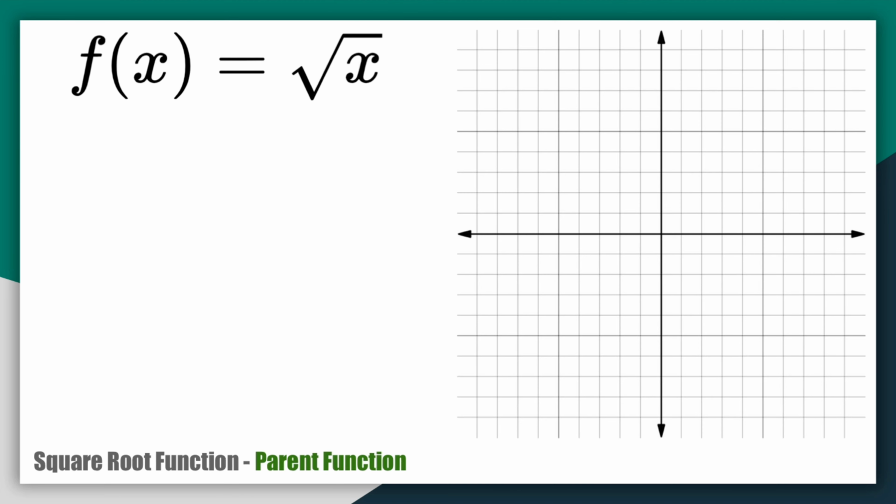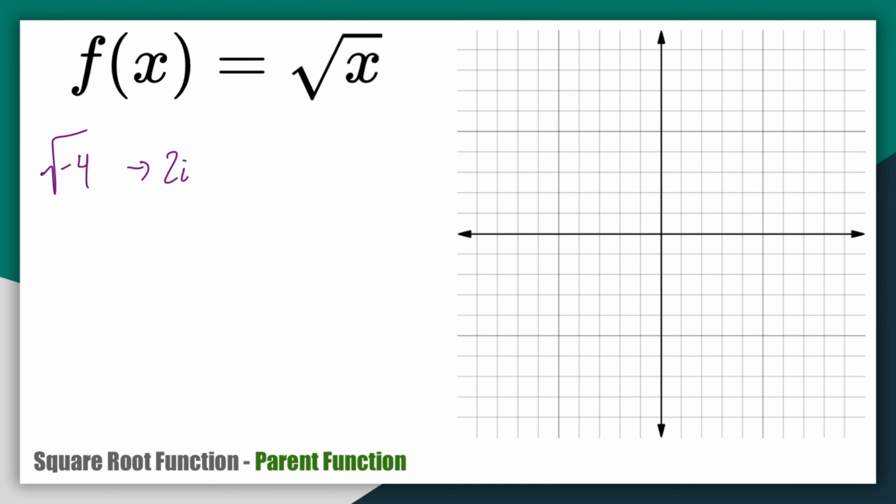Now, let's first start and talk about the parent function here. We know a couple of details about when we take the square root of a number. For starters, when we take the square root of a negative, in fact, let's not use 2, let's use 4, we get a number like 2i, and that's not really visible on a coordinate plane like this. This is a coordinate plane for real numbers.